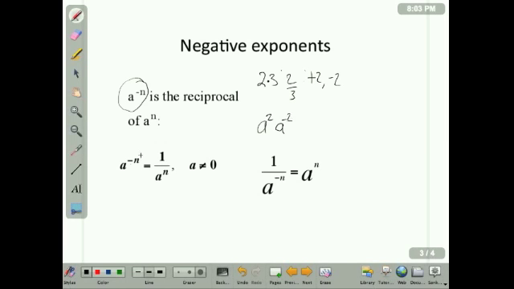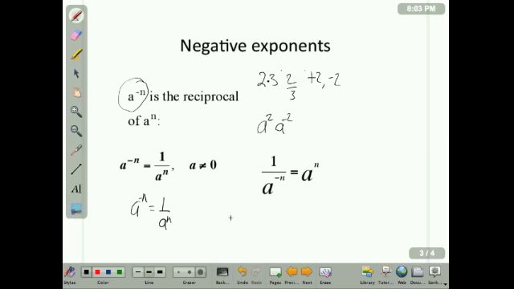Now, oftentimes you're asked to change negative powers to positive powers. The way we do that is by flipping the number, finding the reciprocal. So any number raised to a negative power is equal to its reciprocal over the base to the positive power.